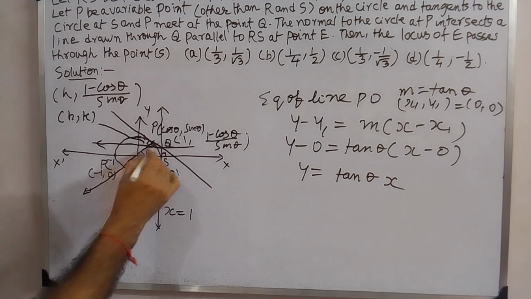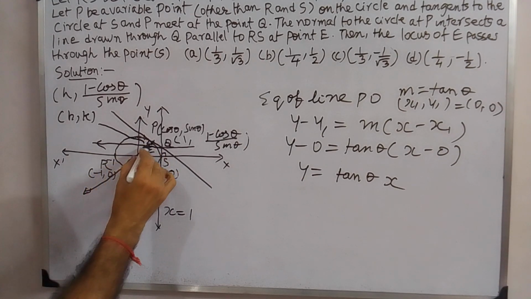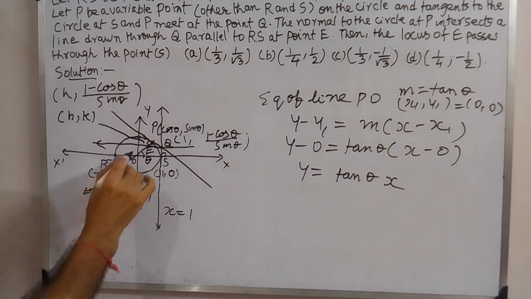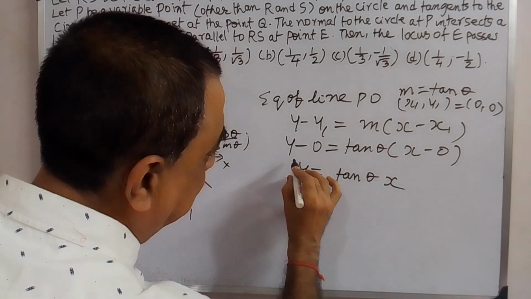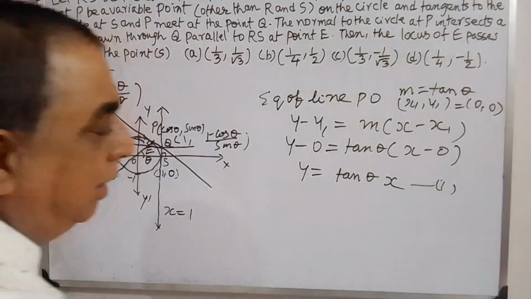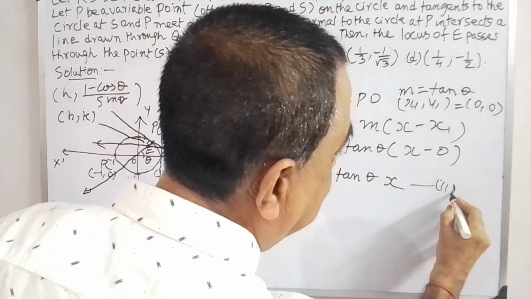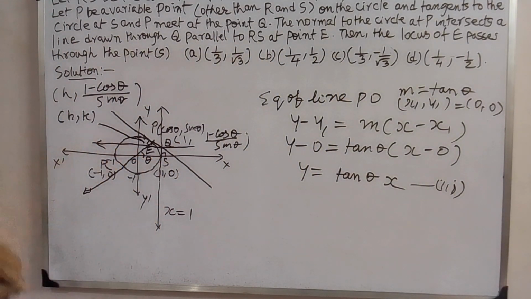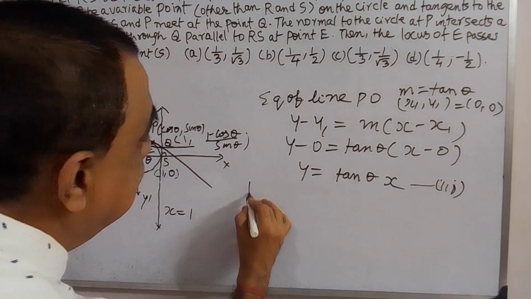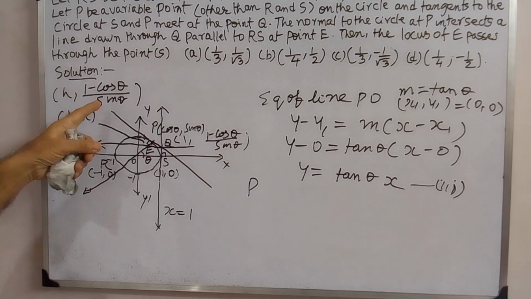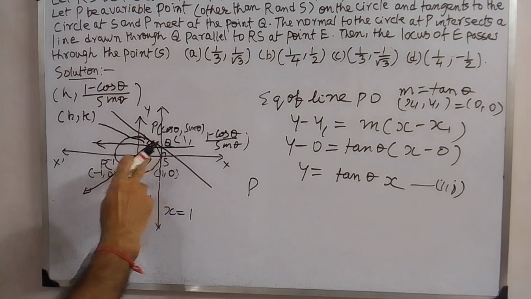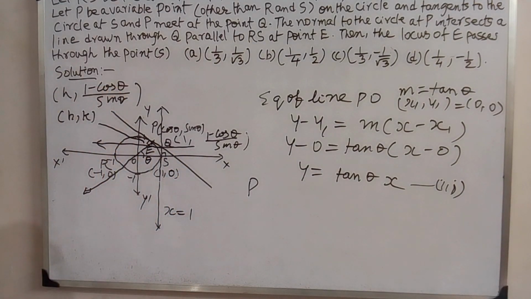Now see here, E is a point lying on PO, the normal. So the coordinates of point E will satisfy this equation, which is the equation of the normal. Here the y coordinate is (1 minus cos theta) by sin theta, which is the coordinate of point E, which I have already discussed with you.